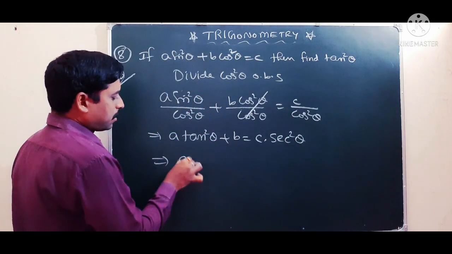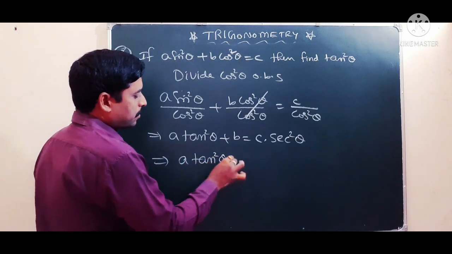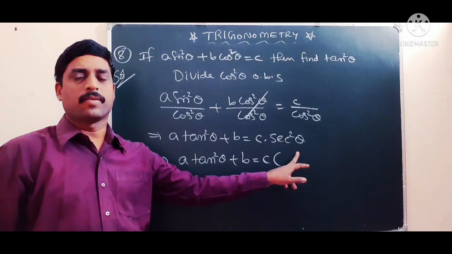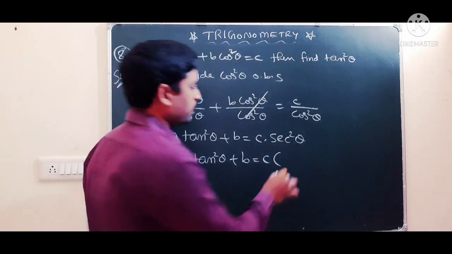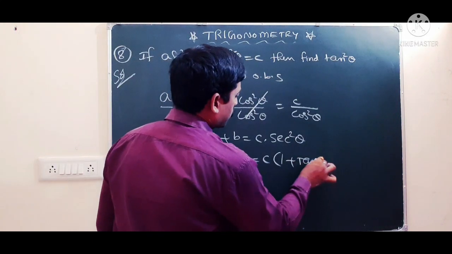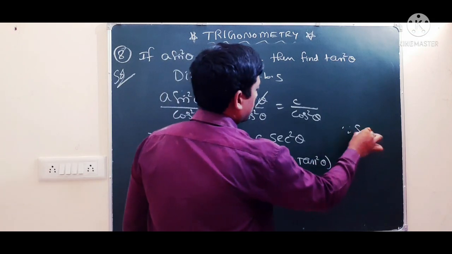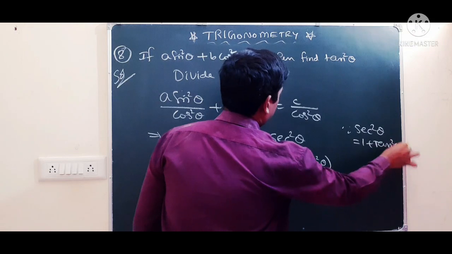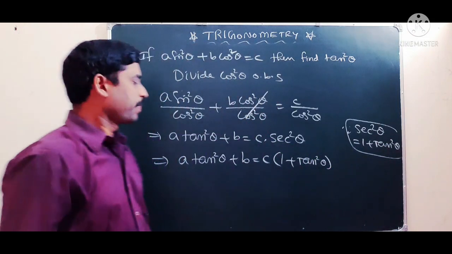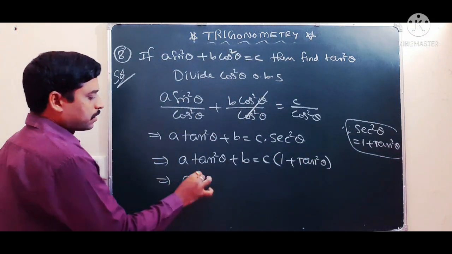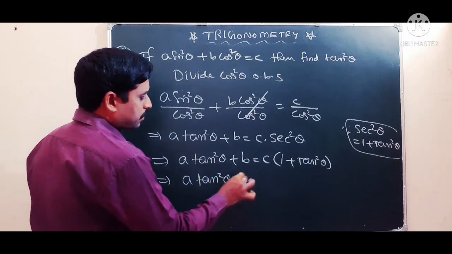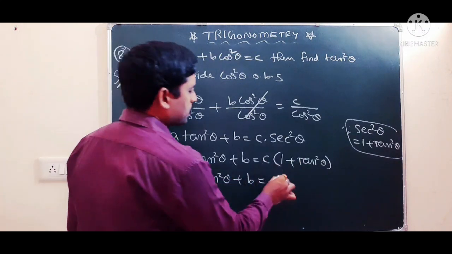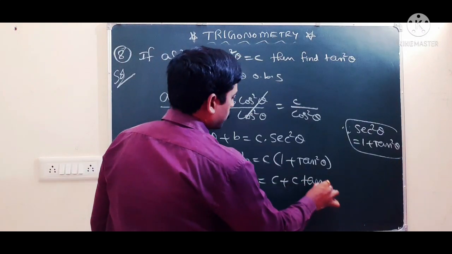So a tan square theta plus b is equal to c times secant square theta, and the formula for secant square theta is 1 plus tan square theta. Therefore a tan square theta plus b is equal to c multiplied by 1 plus tan square theta, which is c plus c tan square theta.